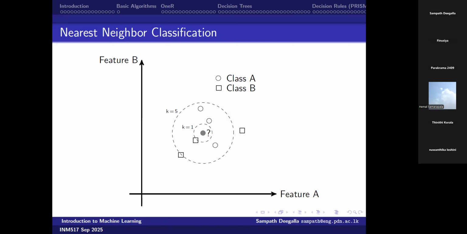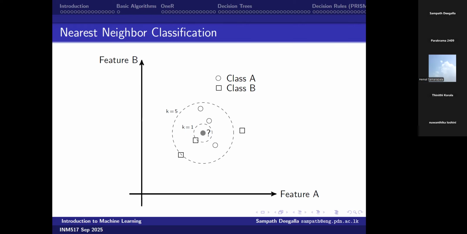What exactly you want to do is calculate the distance from the test instance to all the instances. Let me take this example, which shows 2 features. When you have just 2 features and numerical features, we can plot them in the 2D plane. There are 2 classes: class A represented using circles, class B represented using squares.